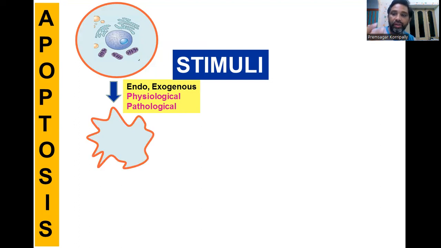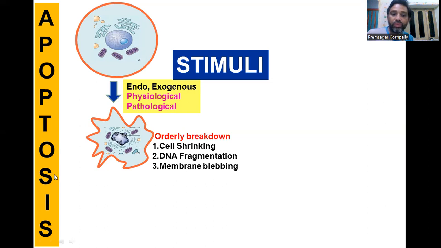When the cell receives the stimuli, endogenous or exogenous, certain things happen in the cell. For example, orderly cell shrinking, where the cell becomes small in size, DNA fragmentation, membrane blebbing, and formation of apoptotic bodies.